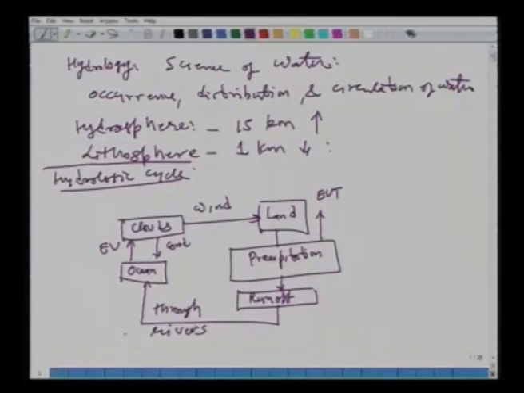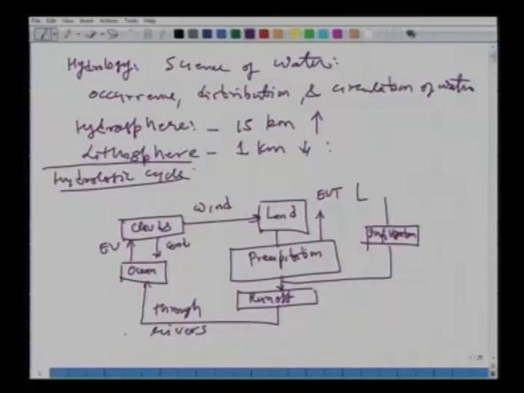Okay. And part of this precipitation which falls on the earth becomes infiltration. Infiltration is the part of water or precipitation that goes into the ground, as we know, and this then percolates deep and goes into the groundwater.